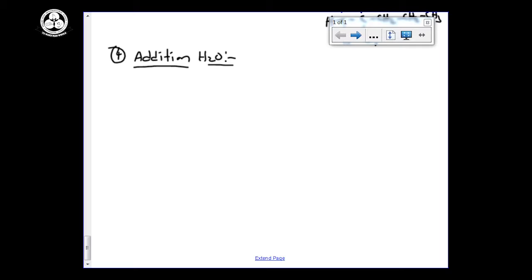The same thing, alkynes also have the same types of hydration. First one is, in alkenes there is acid catalyzed hydrolysis, but here it is mercuric ion catalyzed hydration.